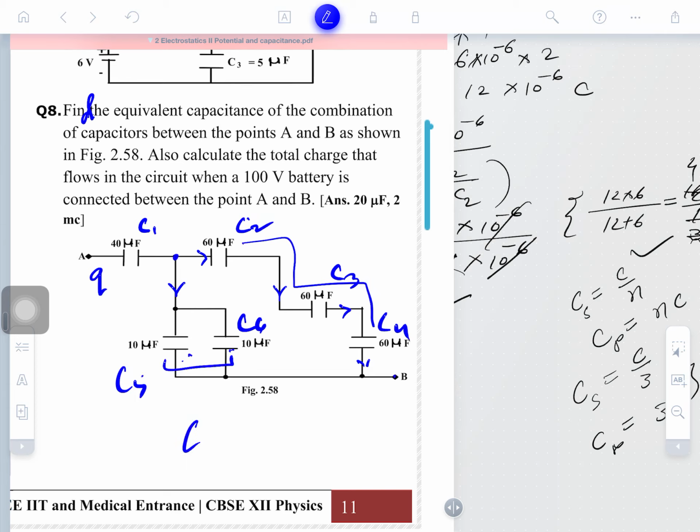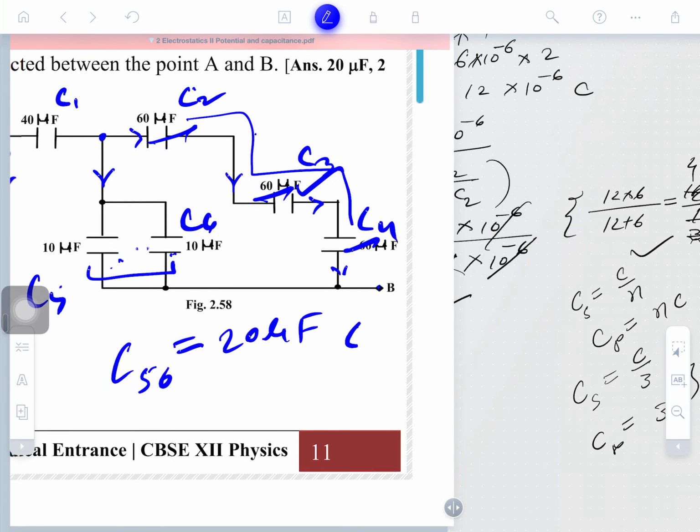So directly their sum, C5 and C6, comes to 20 microfarad. Its output is 20 microfarad, and this 20 microfarad is in parallel with the series. So this series is what here? 60, 60, 60. They are identical, so in series it's 1 divided by the number of capacitors. So what will it be? 20 microfarad.